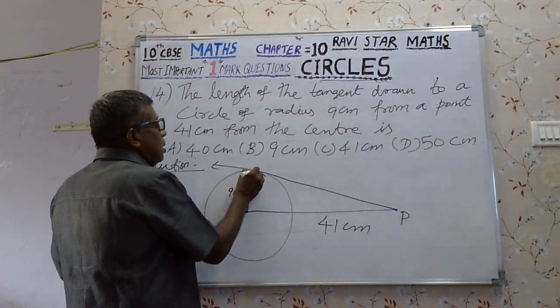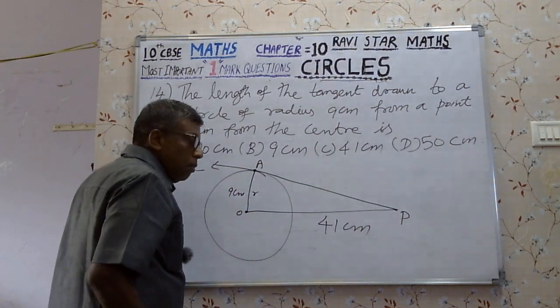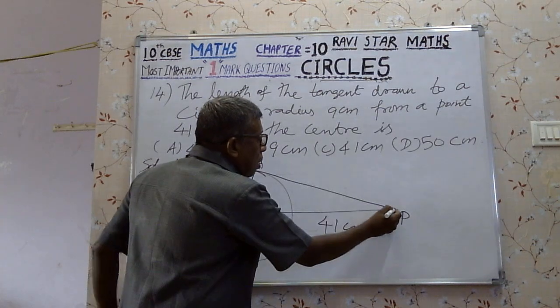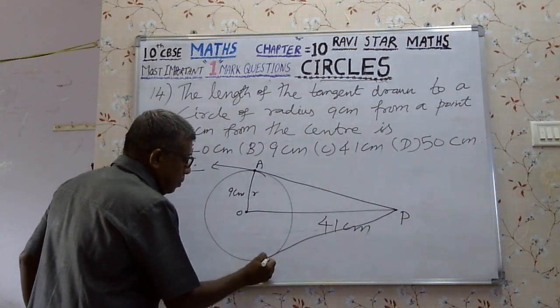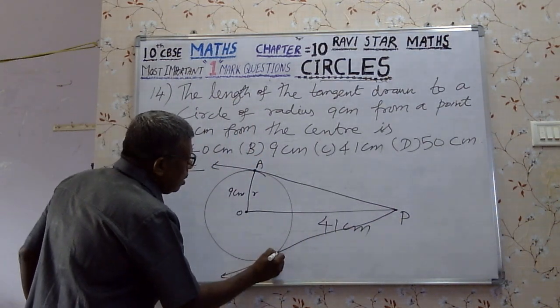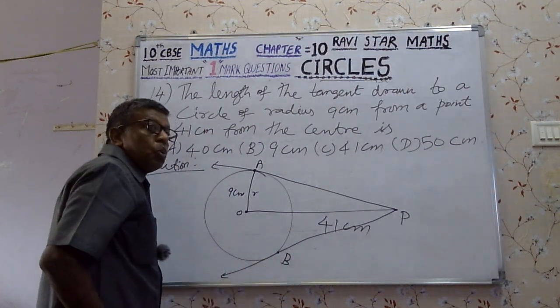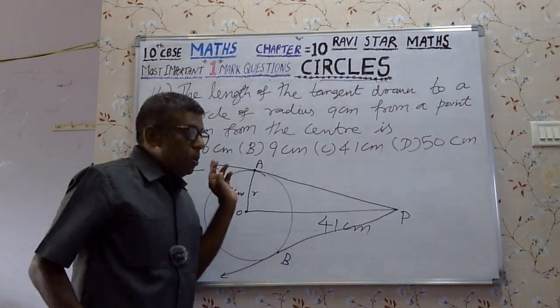This is a tangent. Here I am going to draw one more tangent. There are two tangents from an external point to a given circle.